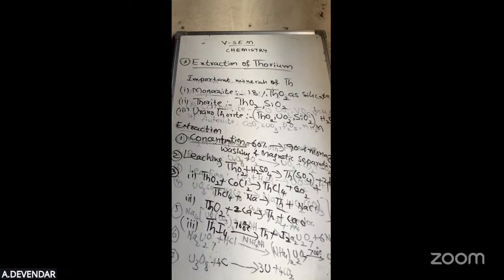Heterocyclic compounds have 5-membered rings and also 6-membered rings. Because the board is not completely erased, I am just explaining what heterocyclic compounds are and what their uses are.